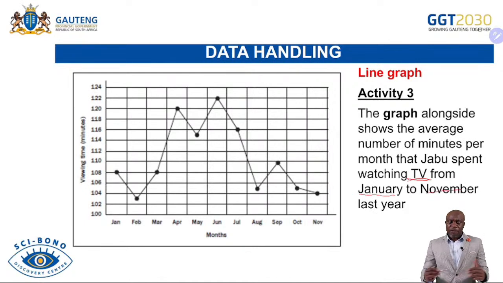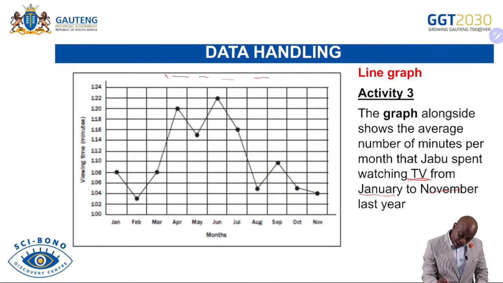Now, before you answer any question, remember what we said we must look at. Is the title there? No, there is no title. It's missing. But we will put it there and say this is the line graph showing Jabu's TV activities. And now we have the axis labeled.